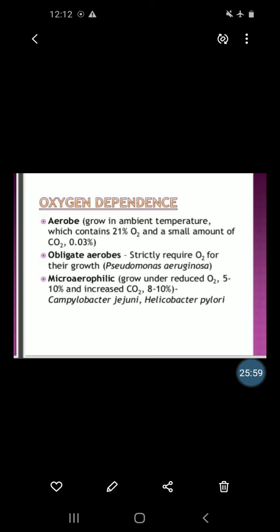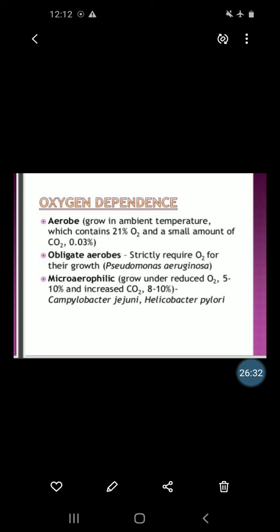Next, oxygen dependence. First, aerobes, which grow in ambient air, containing 21% oxygen and 0.03% carbon dioxide. Then obligate aerobes, which strictly require oxygen for their growth.